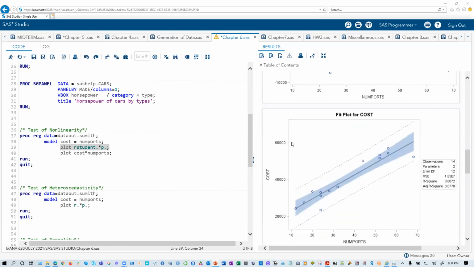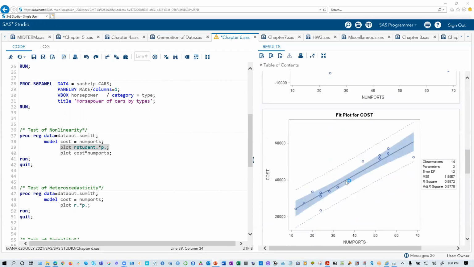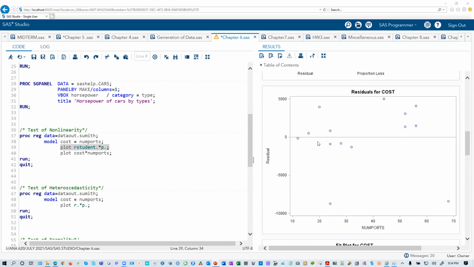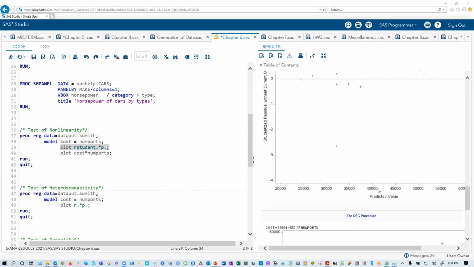This is residual versus x. They both would look the same. From residual versus x, you can check the linearity as well as the constant variance. From residual versus y hat, you can check just the constant variance only, not linearity.